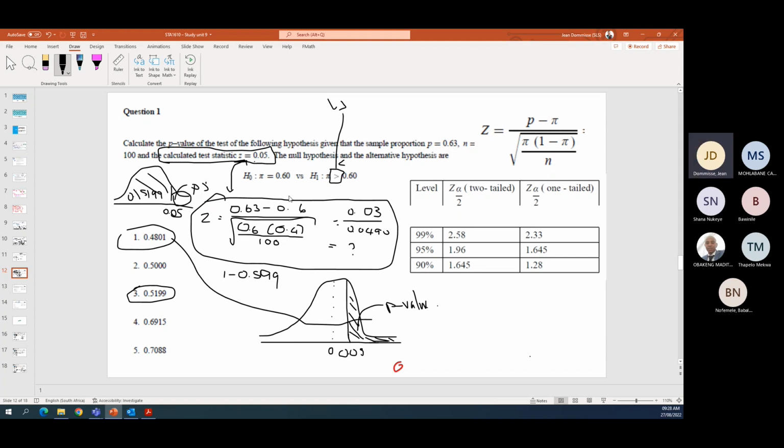They probably changed that, but they didn't remember to change some of the other numbers. But if we've done this calculation, we should have gotten that 0.05. So I'm just, again, wary that they probably used some previous exam paper. But what I wanted to show you here is, here they are giving you what you need to work with.